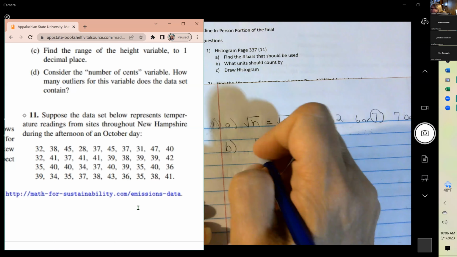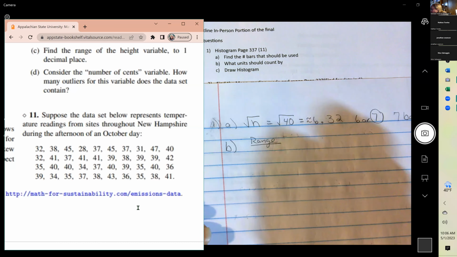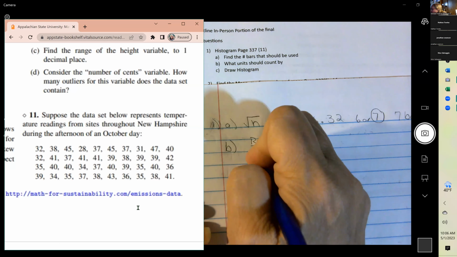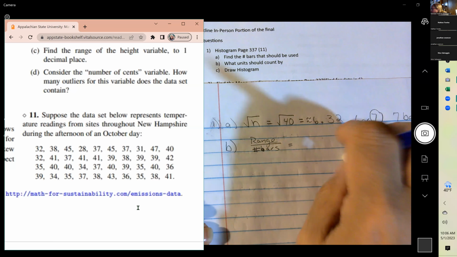For the units, it's your range divided by number of bars. Does anyone remember how to find the range?